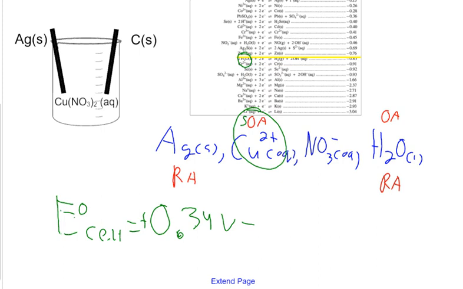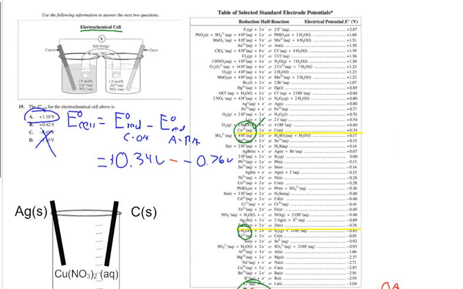Now water is pretty bad, but not the worst, so we should check. And there is our water, but there's our silver. The better reducing agent is our silver. So we have 0.34 at our OA. We'll have that first in our calculation, and we'll have that second.